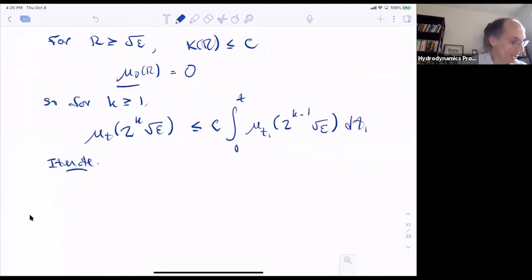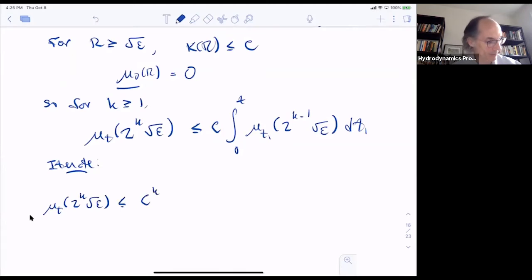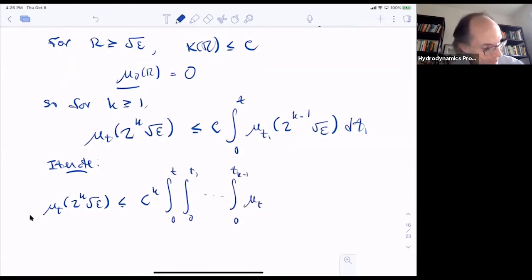So I iterate k times, and I'll find that mu_t of 2 to the k times the square root of epsilon is bounded by a constant to the k power, times the integral from 0 to t, 0 to t1, etc. In the end, I'll have 0 to t_{k-1}, mu_{tk} of the square root of epsilon dt1 up to dtk.